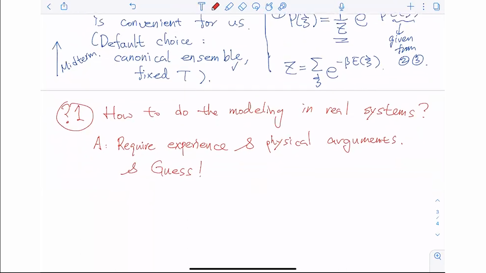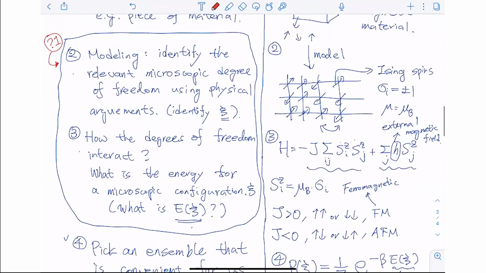So at this moment, I want to emphasize one point. There's nothing wrong with being wrong. So in this example, usually what's happening is that you try to identify the possible microscopic configurations, and then you try to construct the corresponding energy for these microscopic configurations.